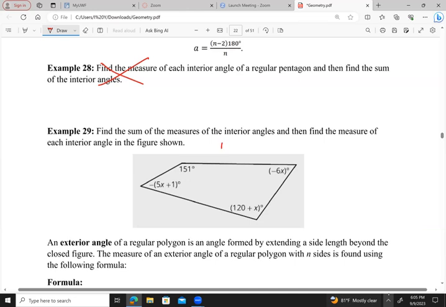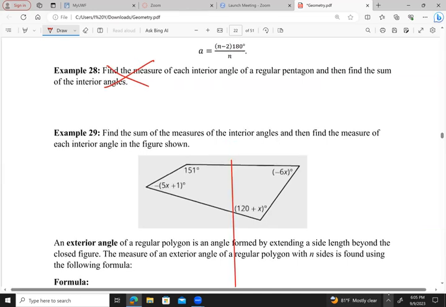So again, n equals 4. There's 4 sides. So S equals 4 minus 2 times 180, which is 360. So far, so good. Now, what do we have here?